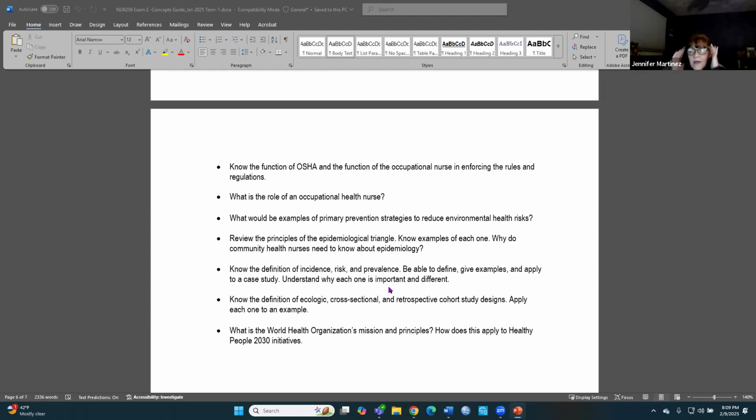And then OSHA is the Occupational Safety and Health Administration. They're the ones that are going to develop and enforce workplace health regulations to protect the safety and health of workers. They also will provide education to employers about workplace health and safety.